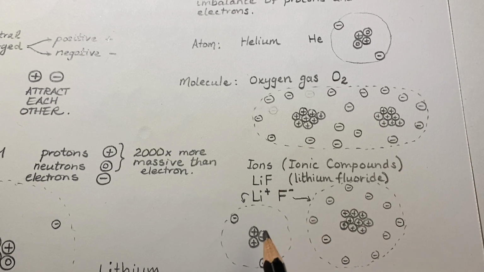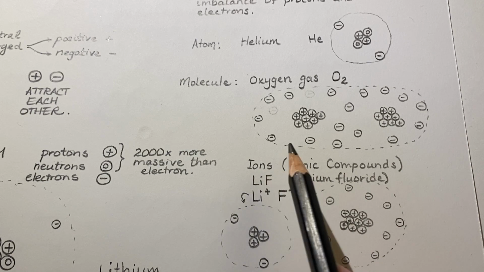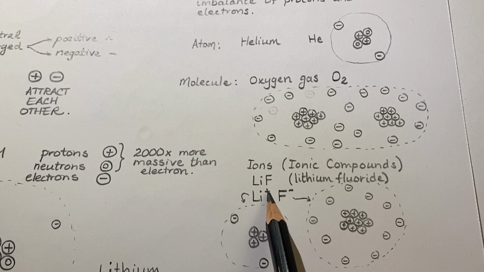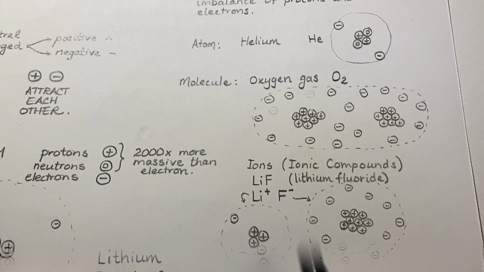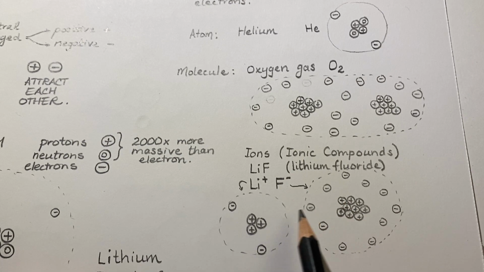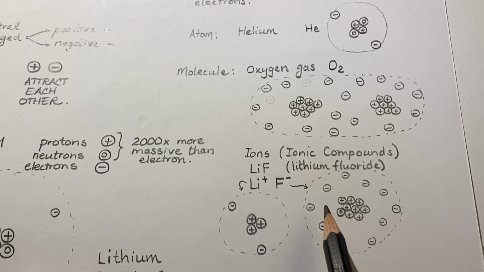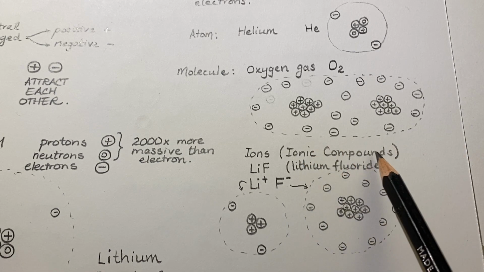So these are now called ions because they are atoms that are charged. One of them is positively charged, lithium. This other one, fluoride, is negatively charged. These now attract each other in a very special way. Positive and negative are attracting each other, and they form ionic compounds.